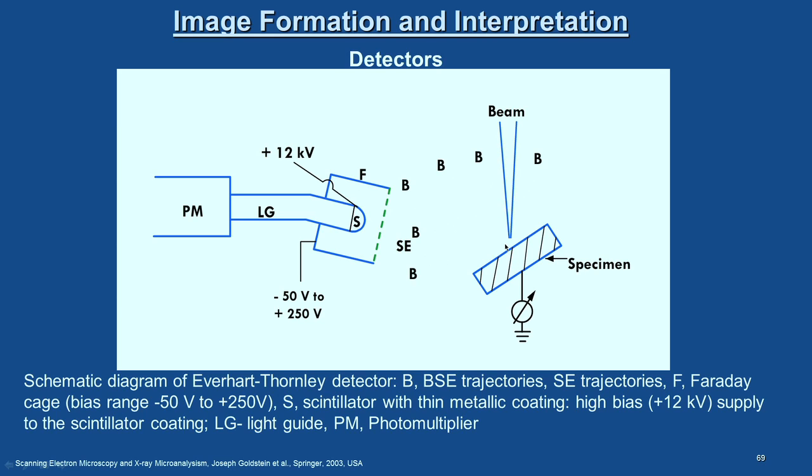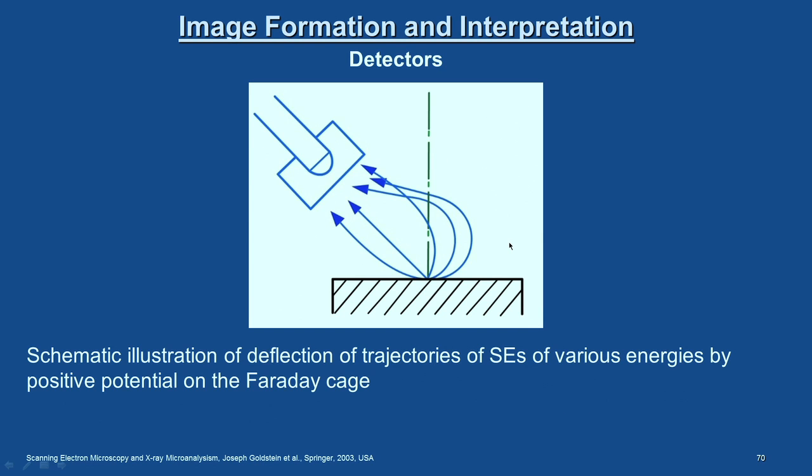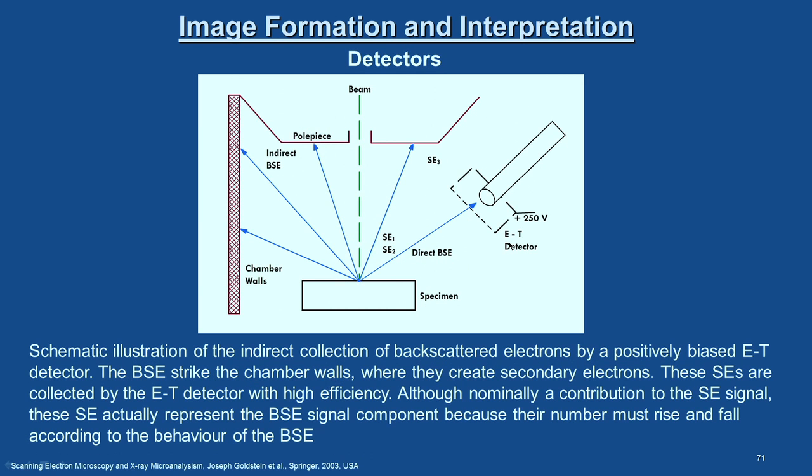We will just look at the collection details of this with respect to the specimen geometry in due course. So, another important information about the detector is shown in this schematic.